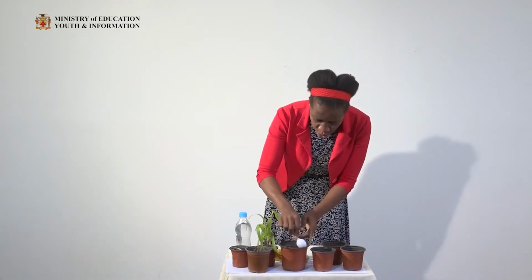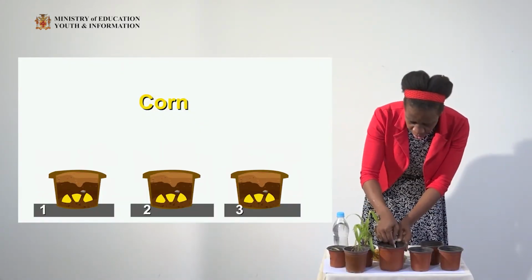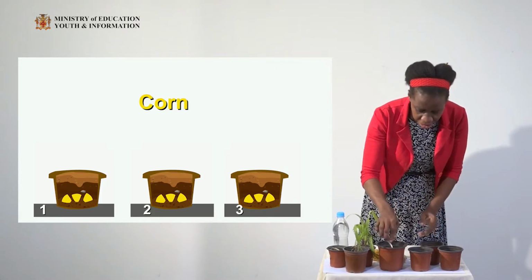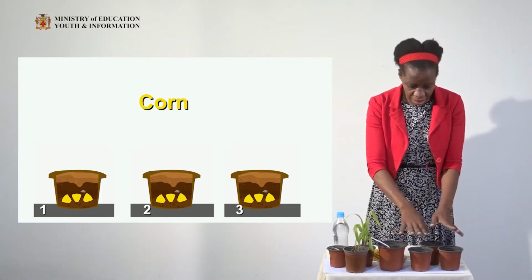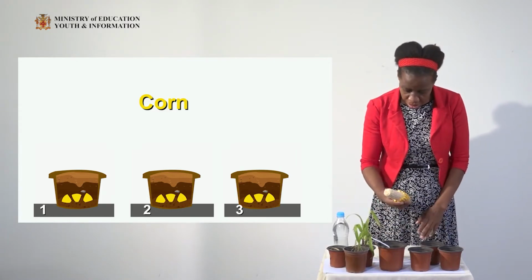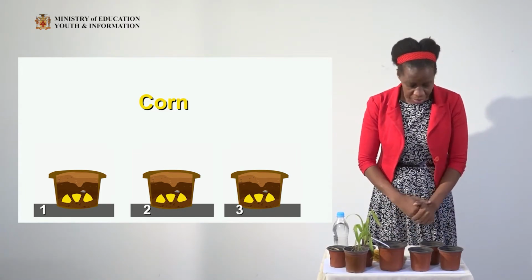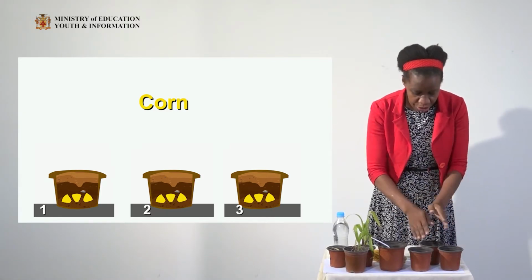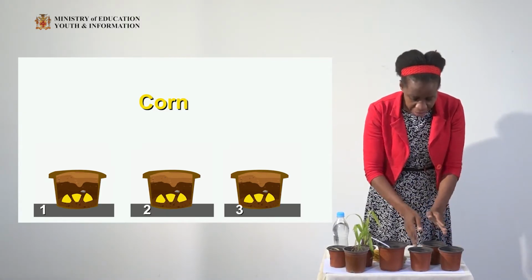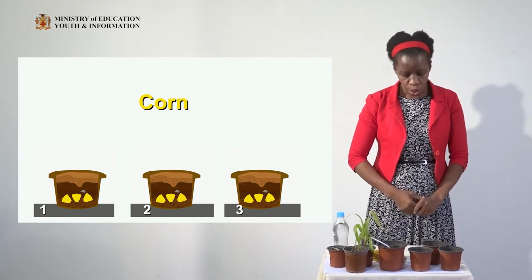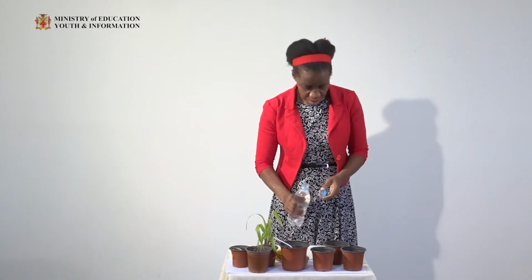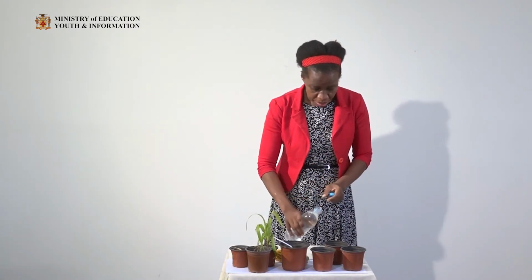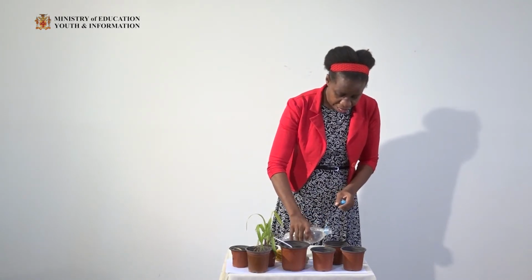Now, how could we show what it is that these plants need? How could we set up this experiment? So after placing the same number of seeds from the same type of plant in our containers, we're using the soil and they're at the same level, we could place water and of course some nutrients like fertilizer.